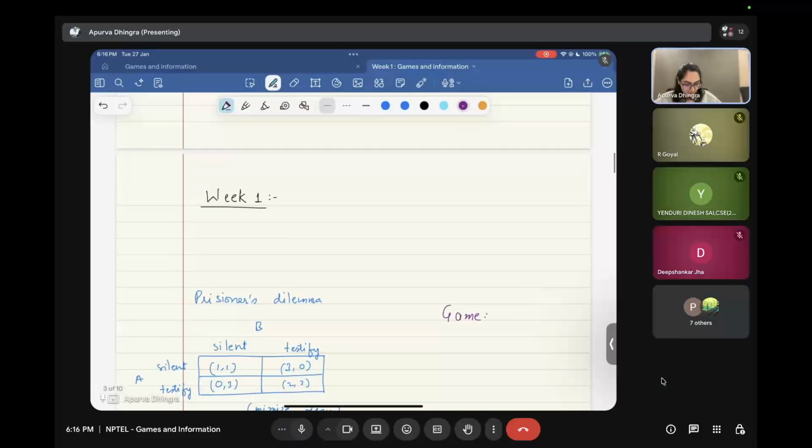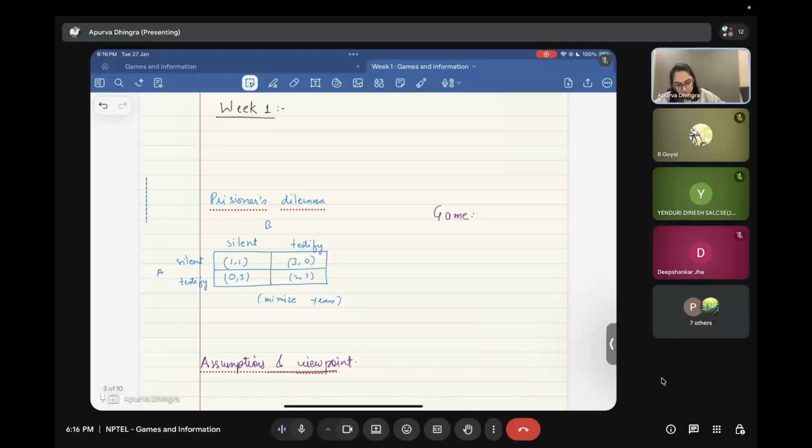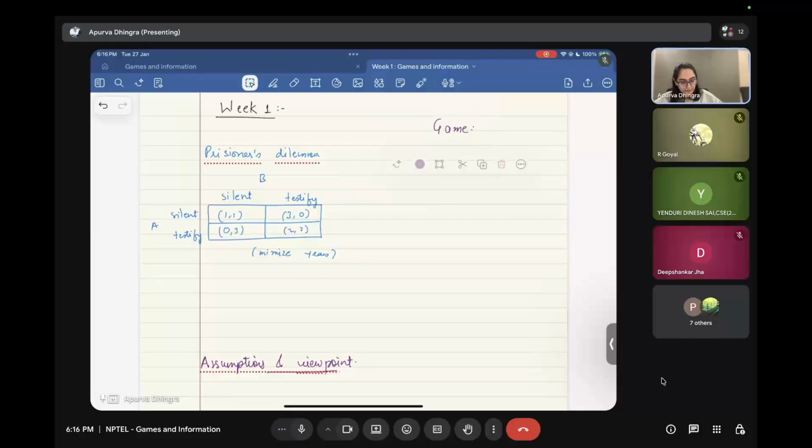All right. So at this point we have seen a few examples in the lecture, so I'll take one of the examples from there and go by the definition of what a game is. A game consists of the following things. First is the number of players.